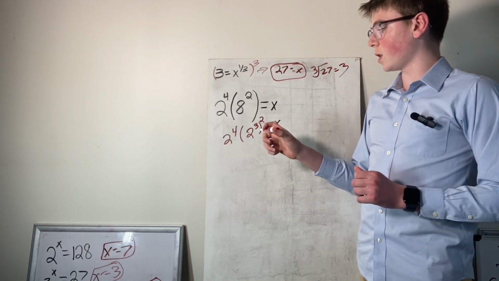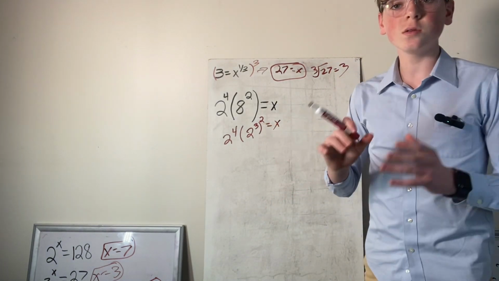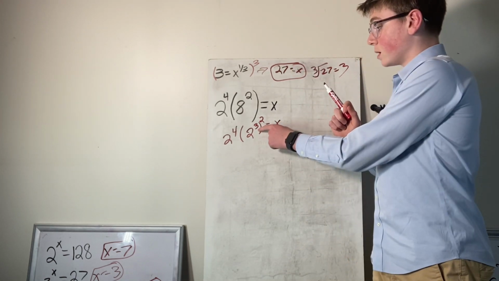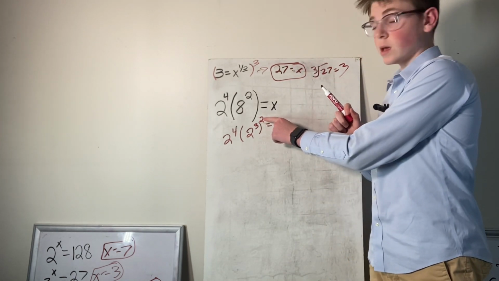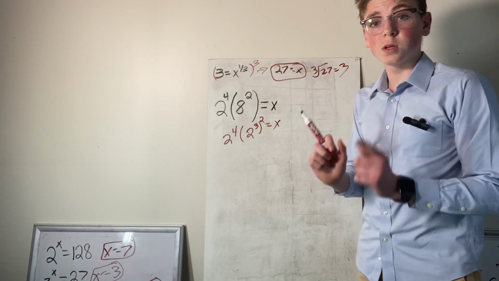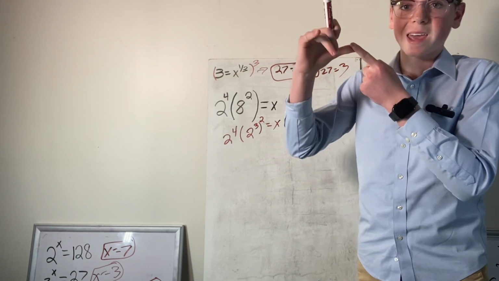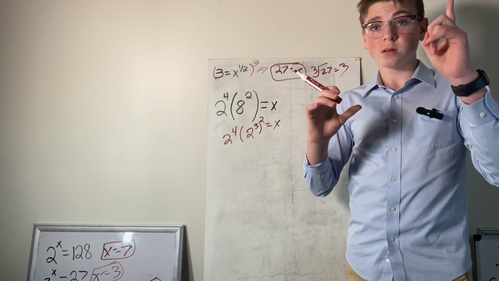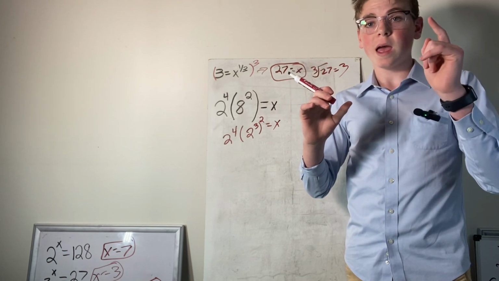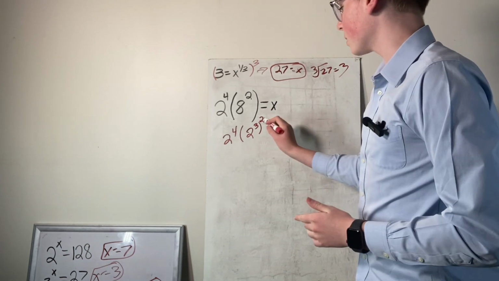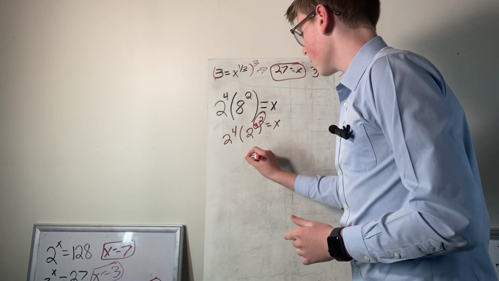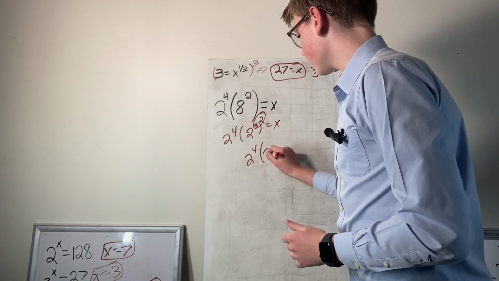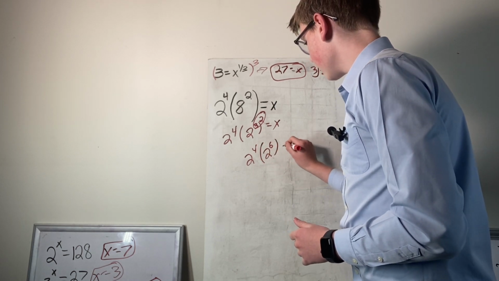But our property of exponents said that if there's a to the m to the n, if it's base to the m and that m is to the n, then it is the base to the power mn. So multiply this 3 and this 2, and you'll get 2 to the 4th times 2 to the 6th equals x.